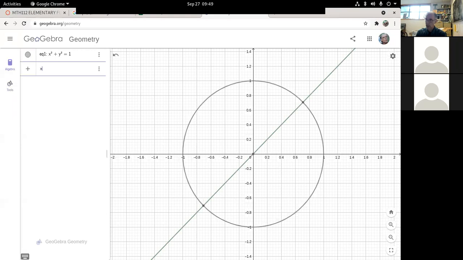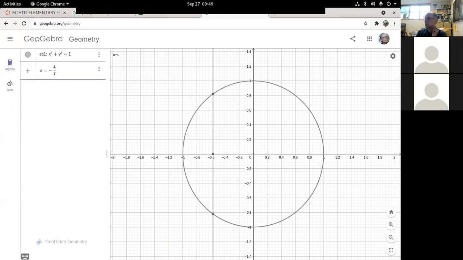So I'm just going to type x equals -4/7. And so I get this line here, it drew for me. And so this is one point where x is -4/7, and here's the other one. And I was told my point was in quadrant 2, which is this one right here. And so my program here tells me that if you start off with x equals -4/7, then y is going to be about 0.8, is what I'm told.